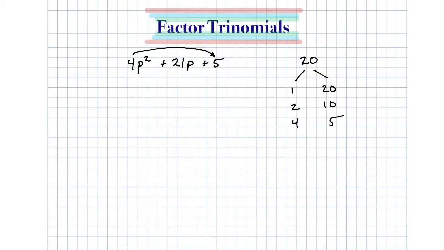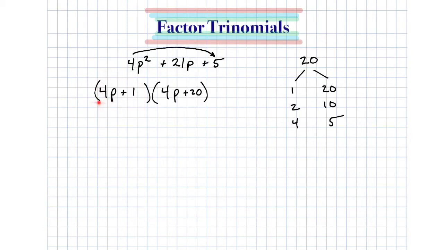Next step, we take this first term and break it apart. So we get 4p and 4p, and then we put these factors in. So 4p plus 1, 4p plus 20. Next, we need to find the greatest common factor and divide out. This one is already factored out.